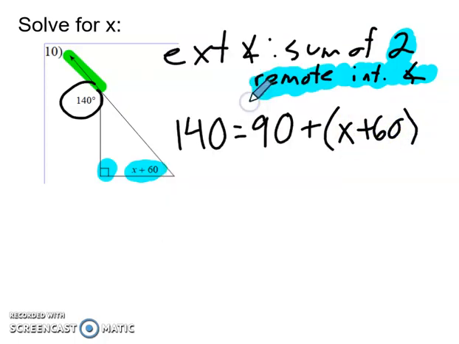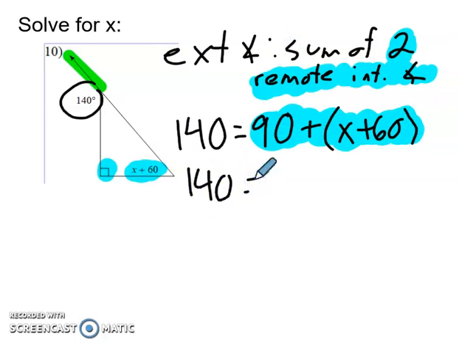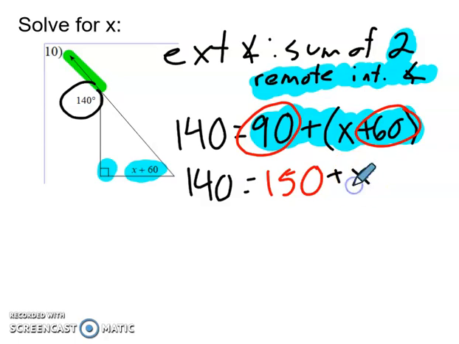Again, these are the two remote interior angles, the angles that are not touching that exterior angle. And we can solve this. Well, we have 140 is equal to 90 plus 60, which is 150, plus x.